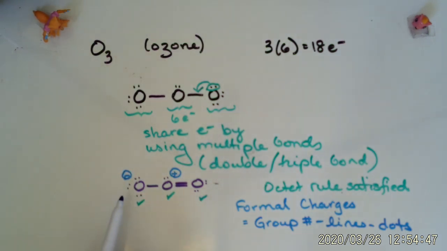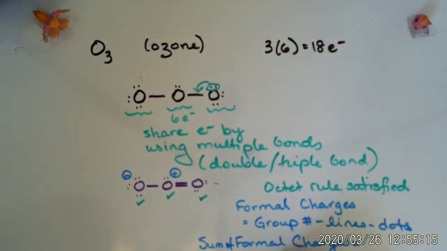So what's nice is that ozone, even though it's a neutral molecule, does have formal charges. And remember, when you sum the formal charges, it is equal to the charge on the molecule.